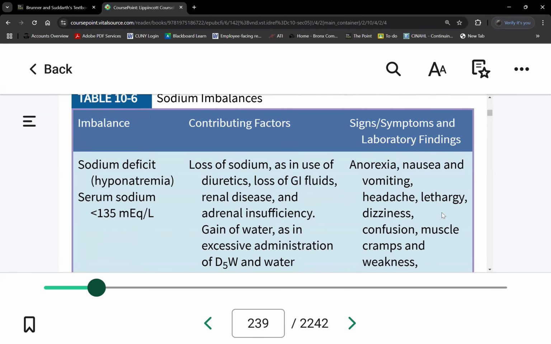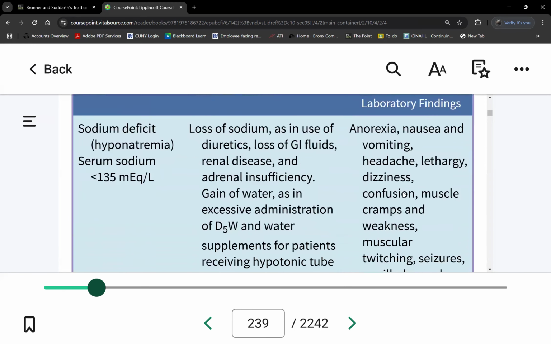Here are your manifestations. If you have less sodium, when we say hyponatremia, where is it actually lower, inside or outside the cell? Well, it's a major extracellular cation, right? So therefore it's lower outside. That means they are higher in ratio inside the cell.